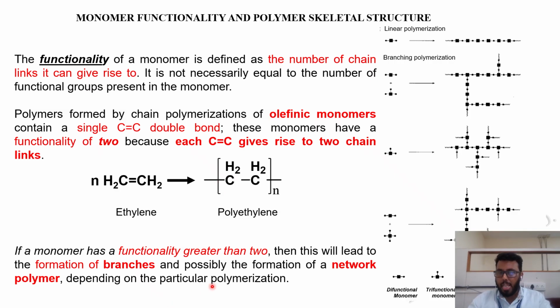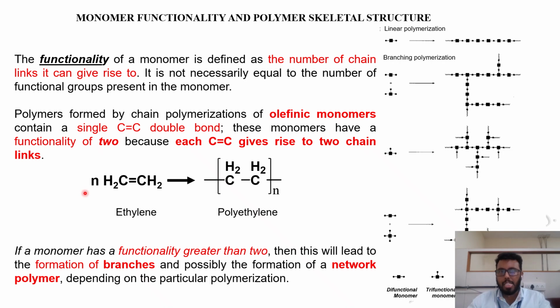Polymers formed by chain polymerization of olefinic monomers should contain a single carbon-carbon double bond. Ethylene is an alkene or an olefin. So chain polymerization is formed from this olefinic monomer, ethylene, containing a single carbon-carbon double bond. This monomer can give rise to one chain on the right and one chain on the left.